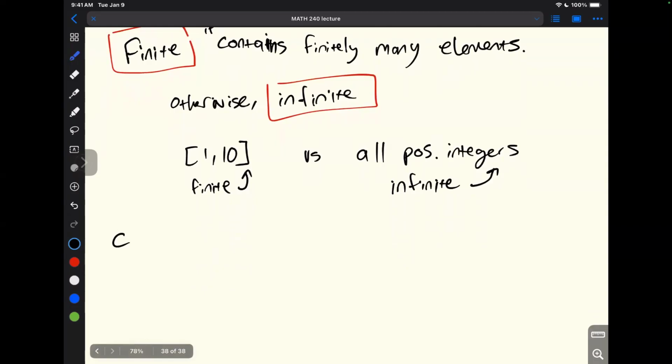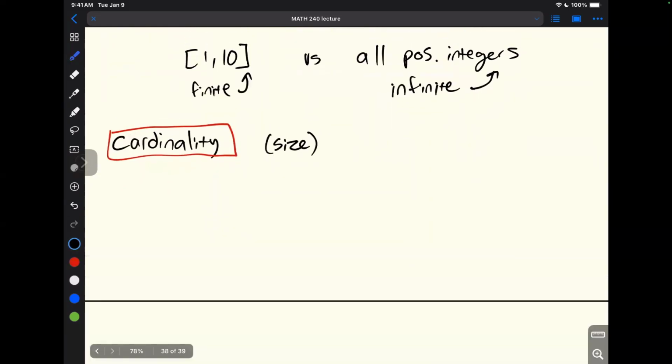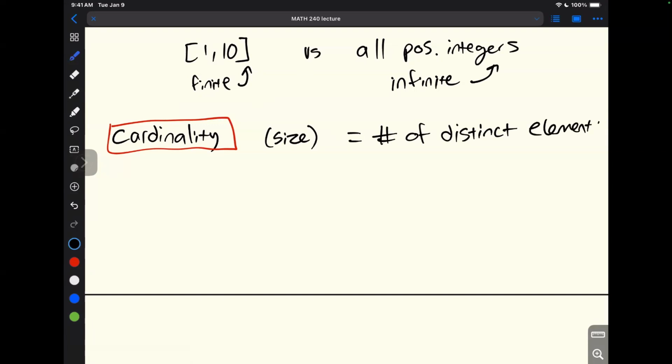We can talk about the cardinality of a set, also known as the size, because we like to make up words for things. And so the cardinality is the number of distinct elements in a finite set, right?